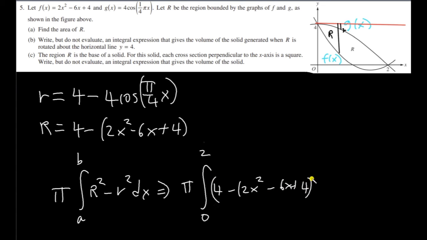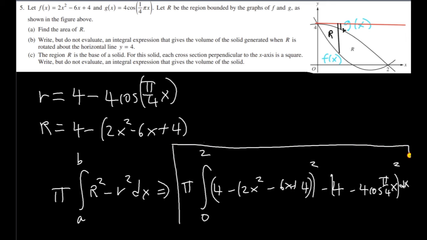This whole thing is being squared, and then little r squared is going to be 4 minus 4 cosine of pi over 4x, squared, and then dx. There you go. That's our final answer. We just plugged in everything into our equation, and that's what we got.